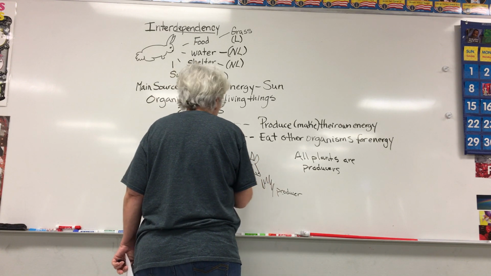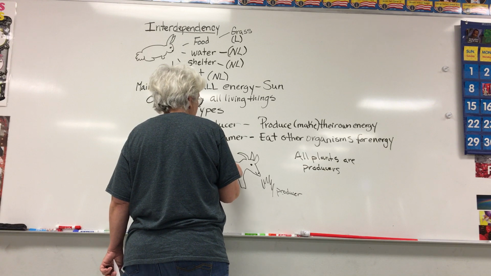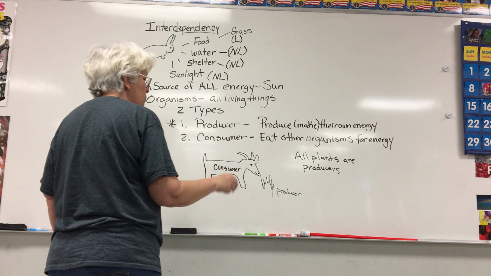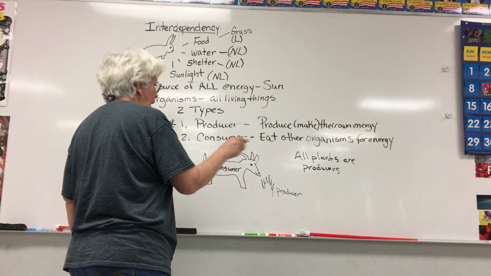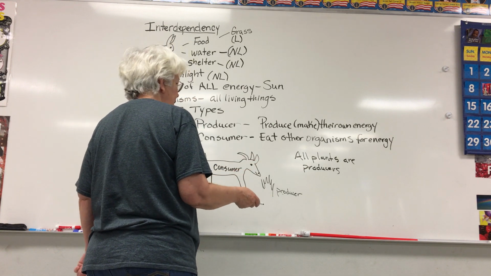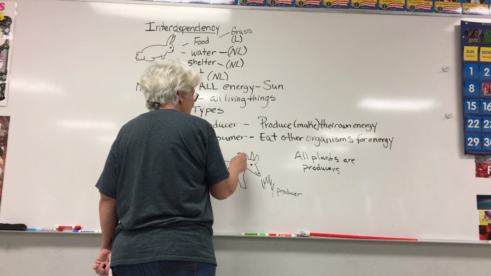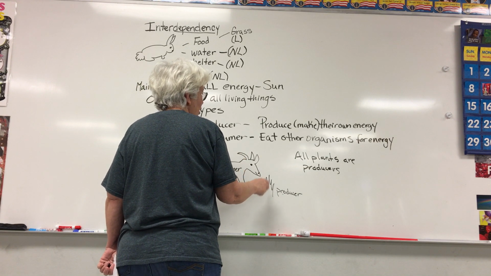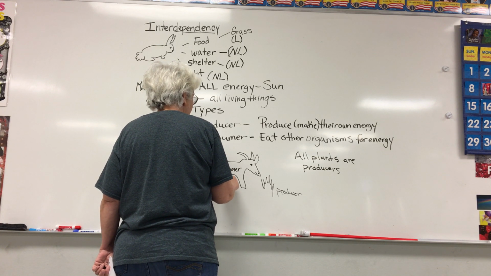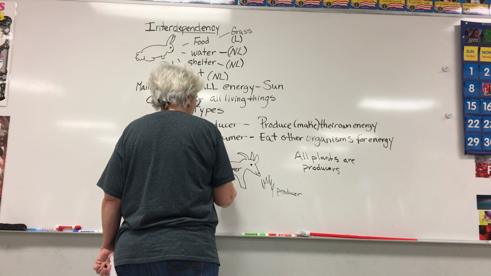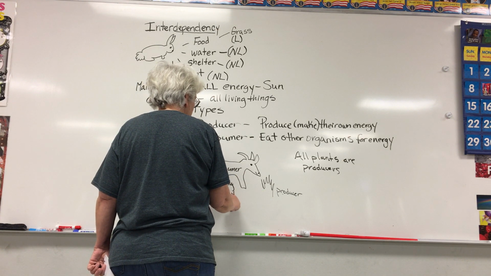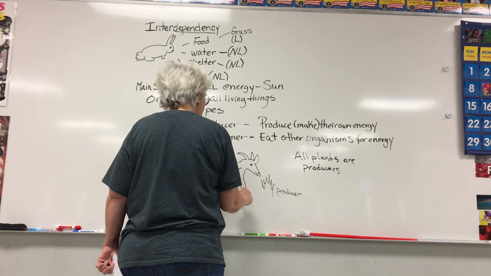He eats the producer because he is a consumer. Okay? Consumer. He consumes the grass. The plants don't eat anything. The plants make their energy by photosynthesis. This goat makes his energy by consuming the grass. Okay? So that's how he's making energy. And you say, well, what is he doing with that energy? He's heating his body. He is moving.